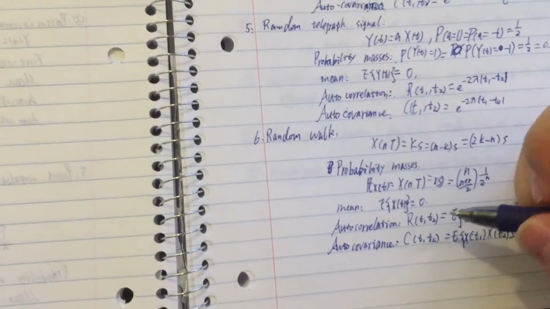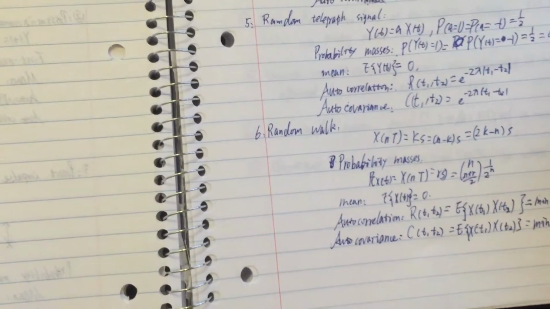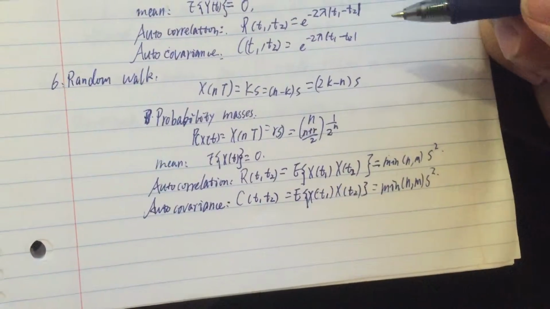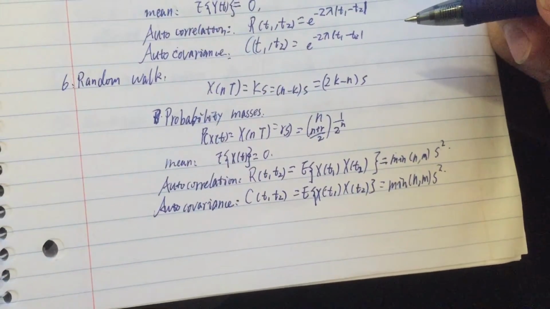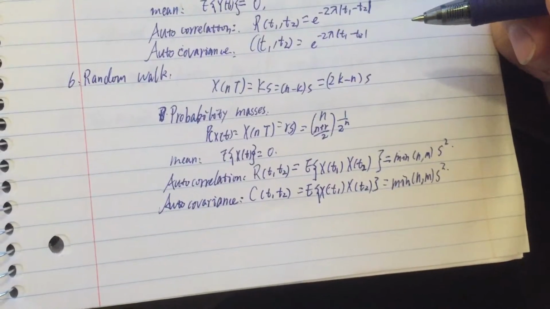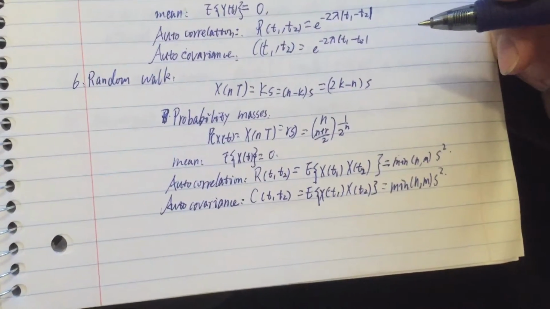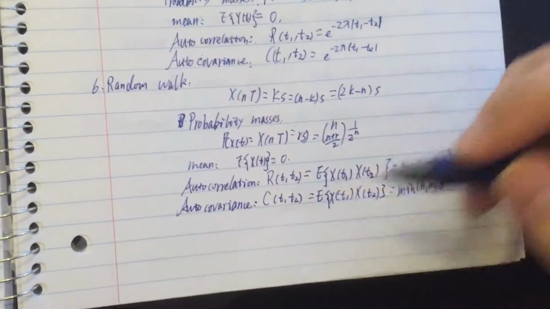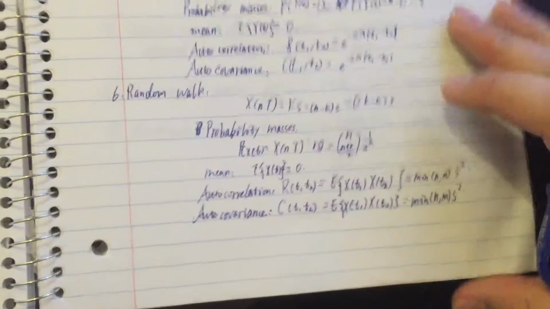And the mean is E[X] equal to 0. And the autocorrelation is E[X(t1) X(t2)], which is the minimum of n and m times s squared, which is the same as the autocovariance.